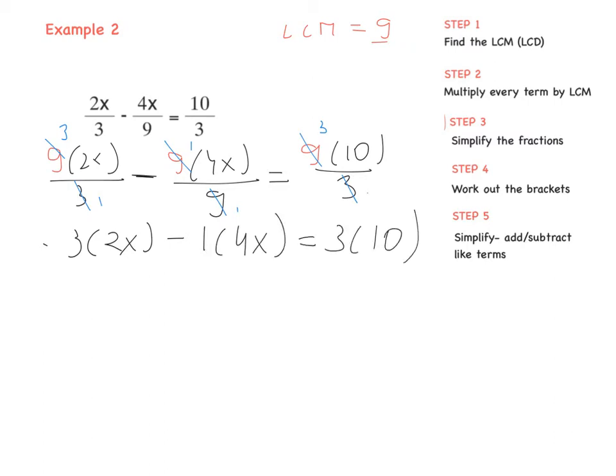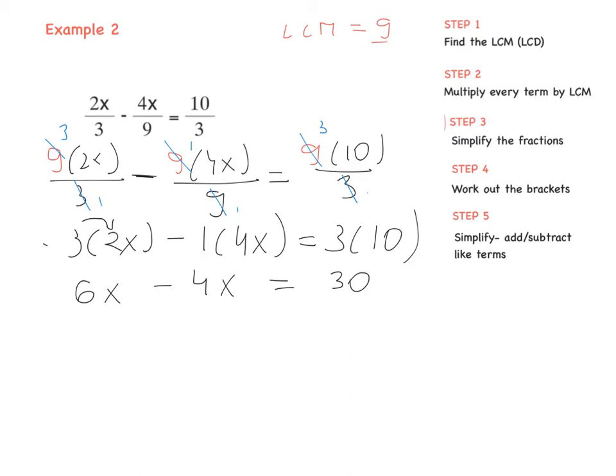Now work out the brackets, so 3 multiplied by 2x. Remember, number by number, letter by letter. So 3 multiplied by 2 is 6x, minus 1 multiplied by 4 is just 4x, and equals 3 by 10, which is 30. We are following the equation all the time.